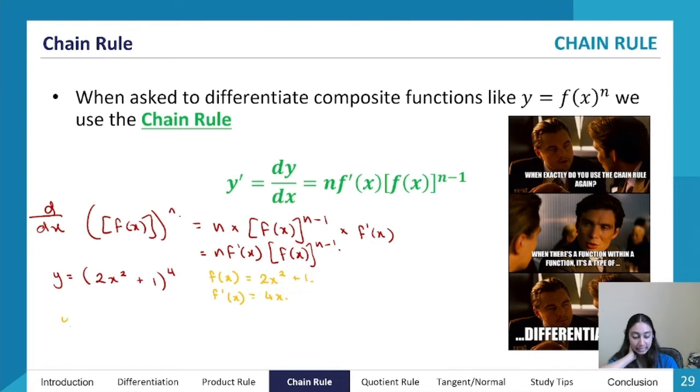So y dash will be equal to n, which is the power, so 4, times f dash of x, so 4x, times f of x to the power of n minus 1. So the original f of x, so 2x squared plus 1 to the power of 3. So my final answer is 16x, 2x squared plus 1 to the power of 3. Okay? I hope that made sense. We'll go through another example real soon as well.